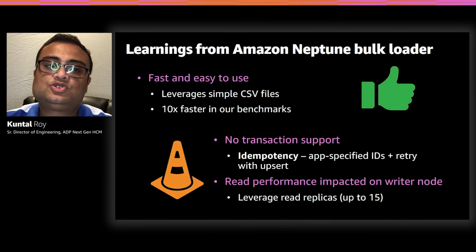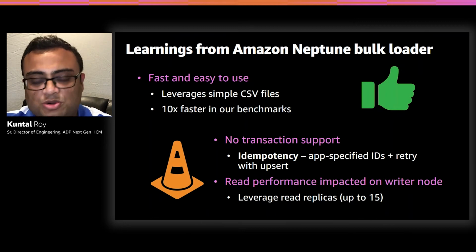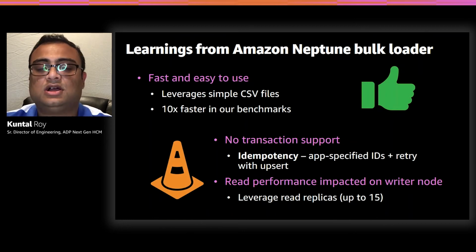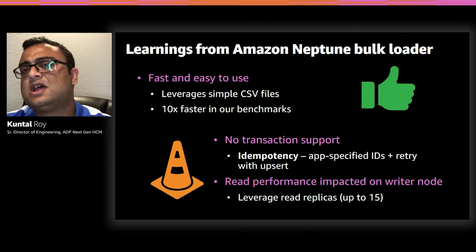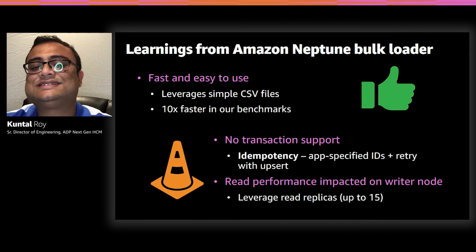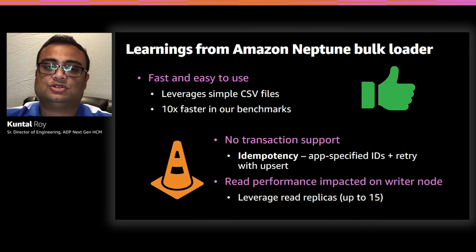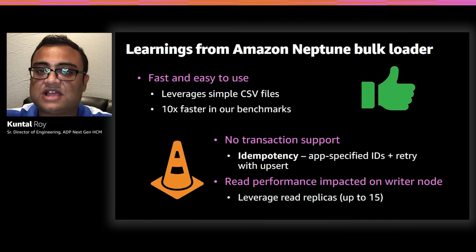So Neptune's bulk loader is super fast, reliable, and very easy to use with CSVs as the format, but it does come with its gotchas. We have to keep in mind that this is a batching solution, so if you're looking for transactional guarantees, it is not going to work.